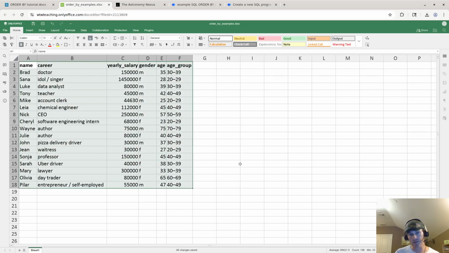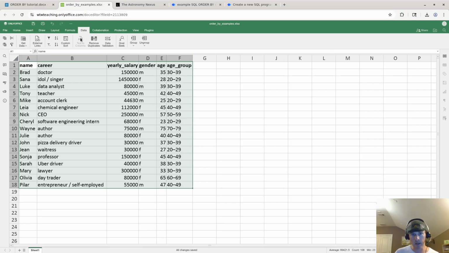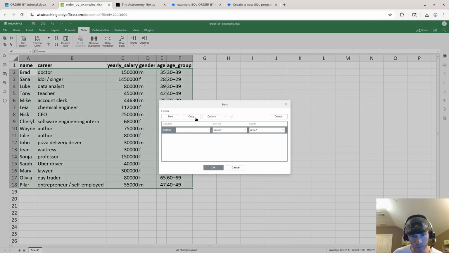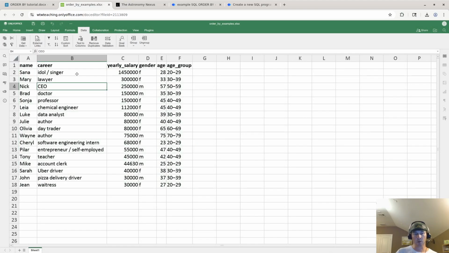Let's say you wanted to sort by, for example, yearly salary. I'm using Office. So I'm going to do sort by yearly salary, and I'm going to do descending. So for example, this person makes the most, and these two people make the least. That was sorting by this column.